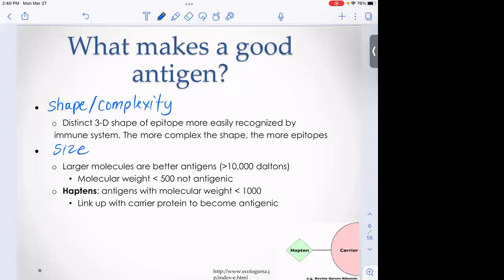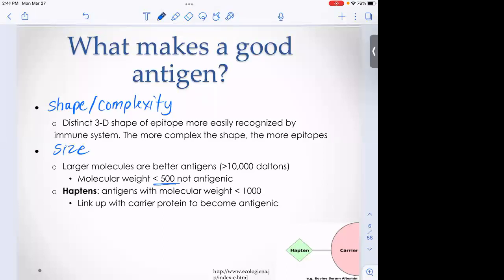Also, the size is important as to whether our immune system recognizes it or not. Larger molecules are much more likely to be noticed than small molecules. And in fact, if the molecular weight is less than 500 Daltons, then it's usually not antigenic. Now, there are some exceptions to that.